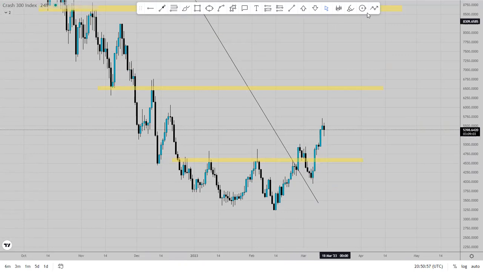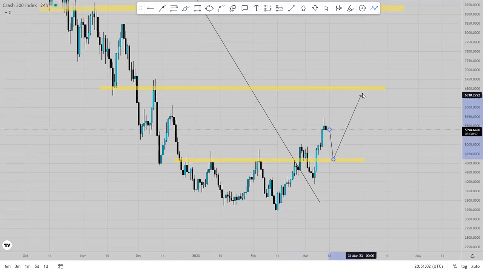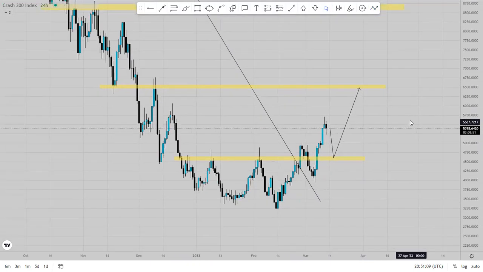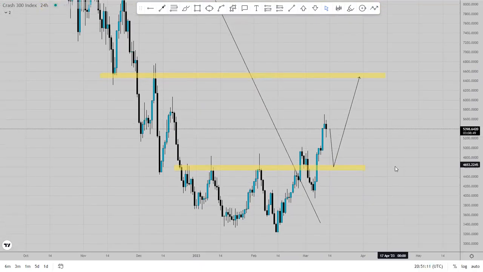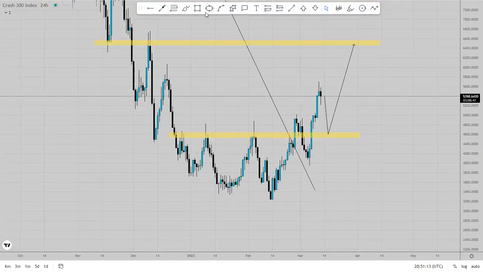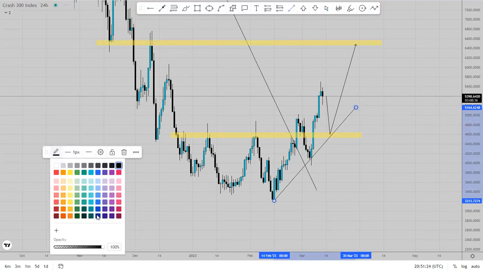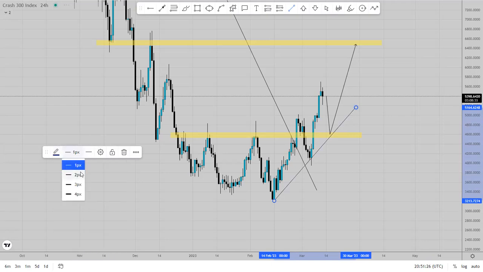So right now, most probably we're still expecting the market to come back down before maybe continuing all the way to the upside. That is the expectation we currently have for Crash 300, which can also be confirmed by this trend line that I'm about to draw, a counter trend line for the current market structure, which is a bullish market structure that the market is currently moving in.